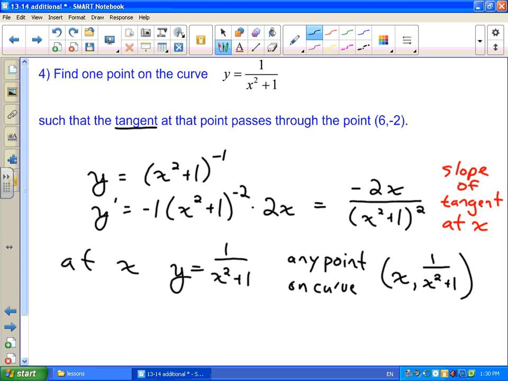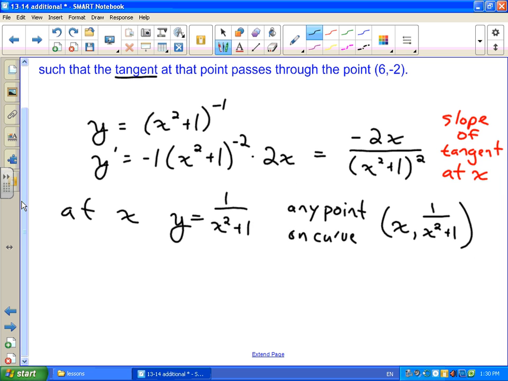Let's go back to the tangent that we're looking for. We've got an expression up here for the slope of the tangent at this point x. We've got a point, and what we want is another expression for the slope of the tangent. So how else can we get the slope of the tangent?